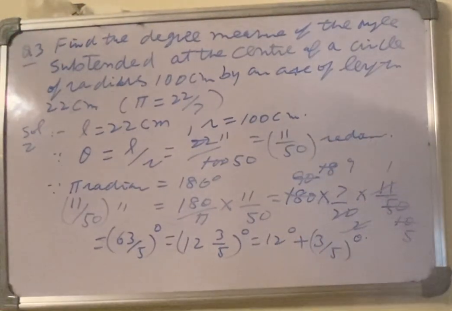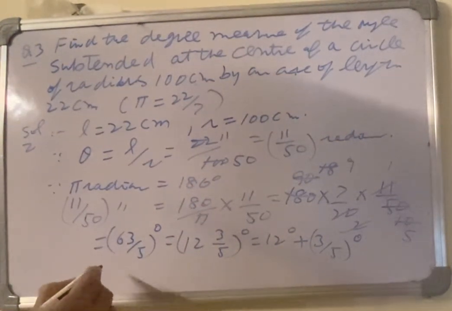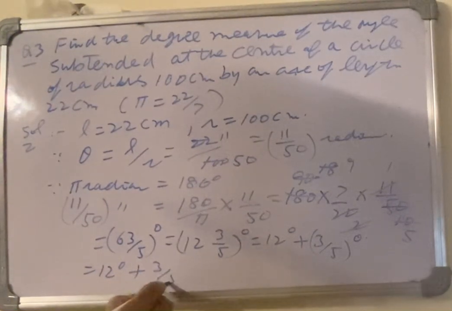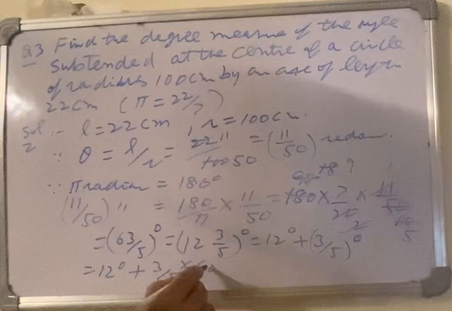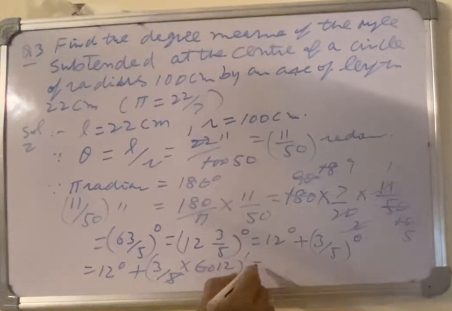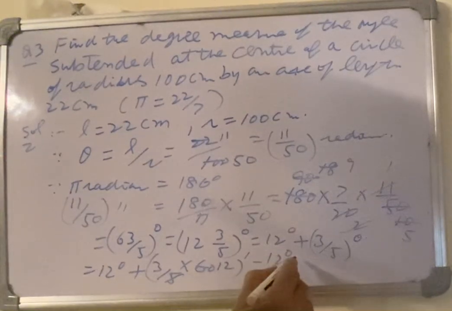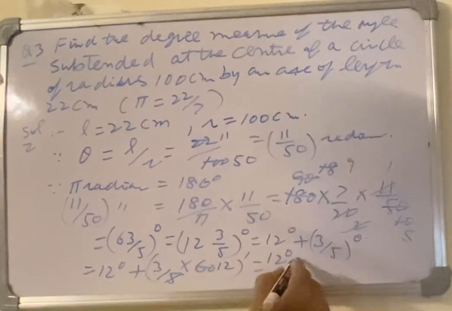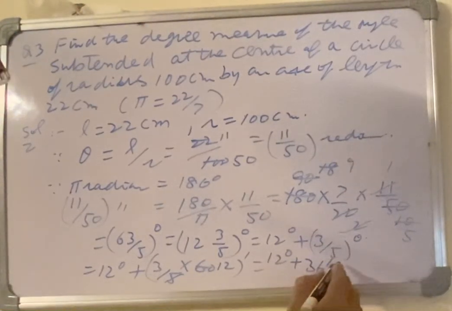We can convert the fractional part into minutes by multiplying by 60. So it is 12 degree plus 3 over 5 into 60 minutes, which is 12 degree plus 36 minutes.